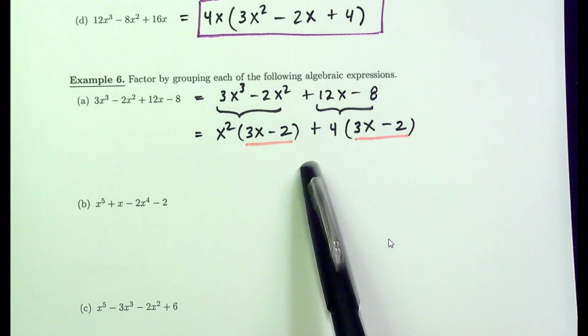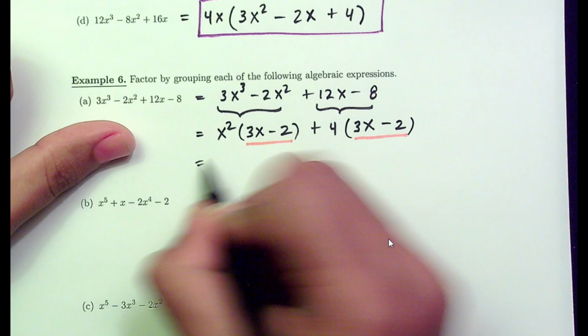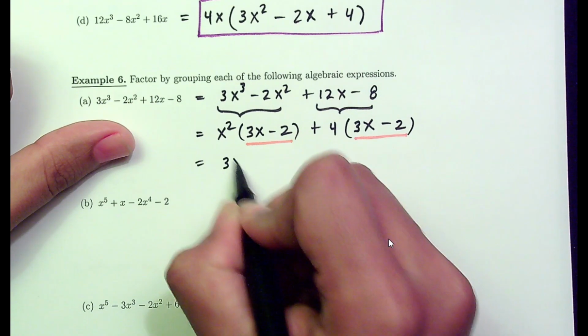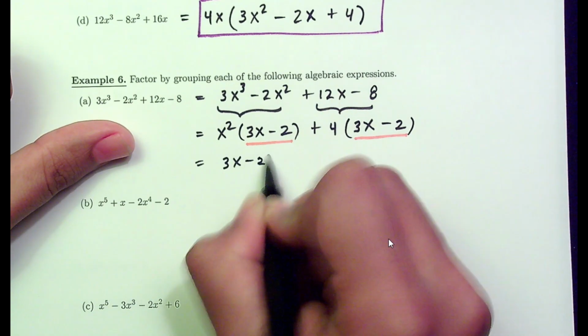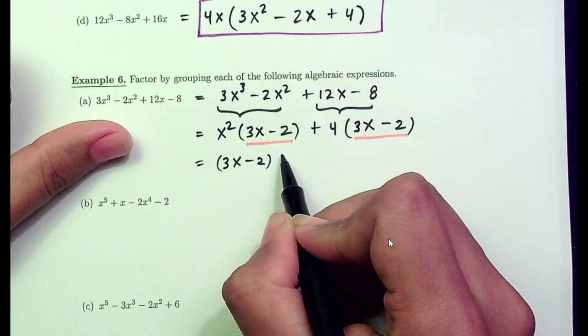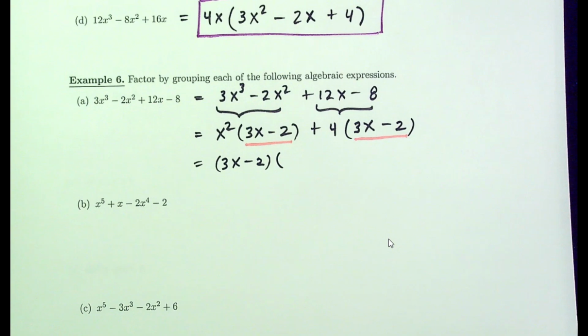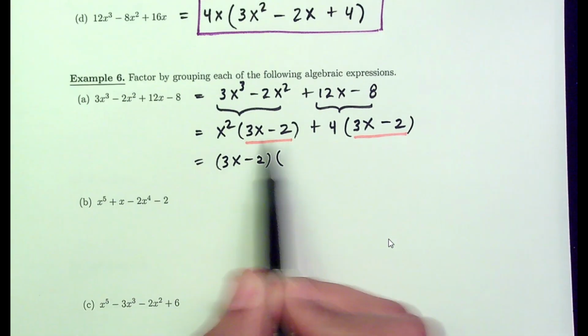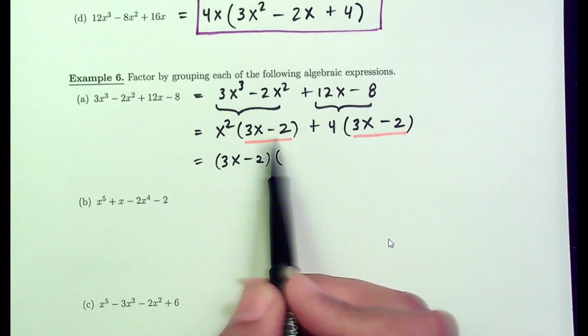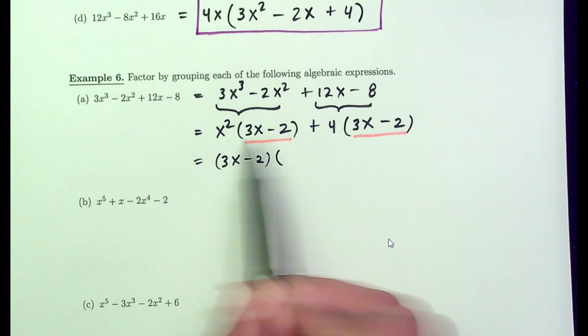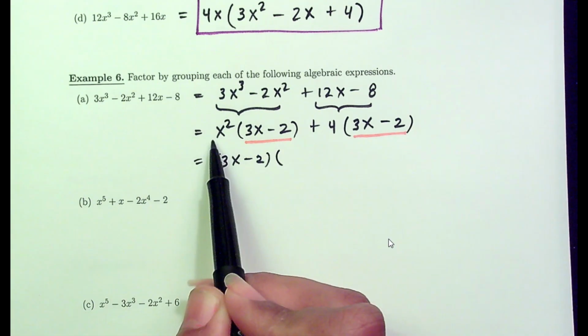You pull it out. So we write 3x minus 2, and then we factor that out. And then you think, okay, what am I left with if I pull it out? If I pull that out, I'm left with the x squared.